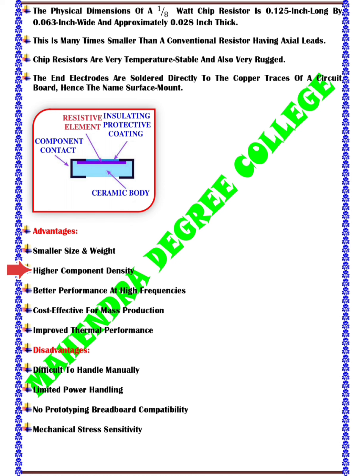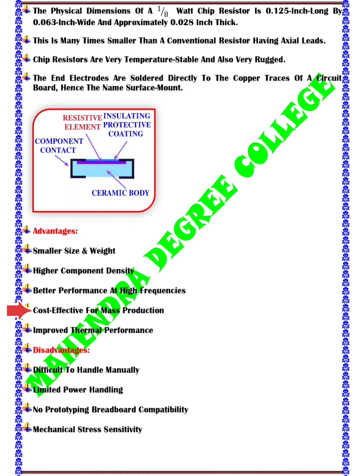It means surface mount technology allows for greater component density on printed circuit boards, enabling more components to be packed into a smaller area. Third one. Better high-frequency performance. It means the shorter signal paths and reduced parasitic inductance and capacitance of surface mount technology components contribute to improved high-frequency performance.